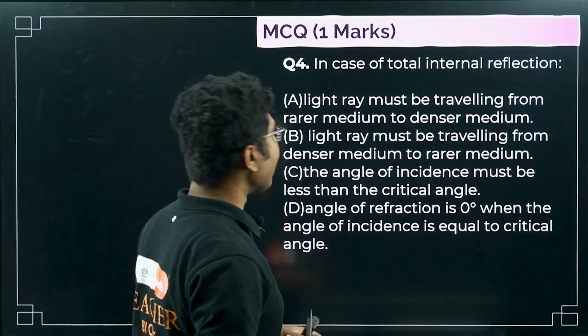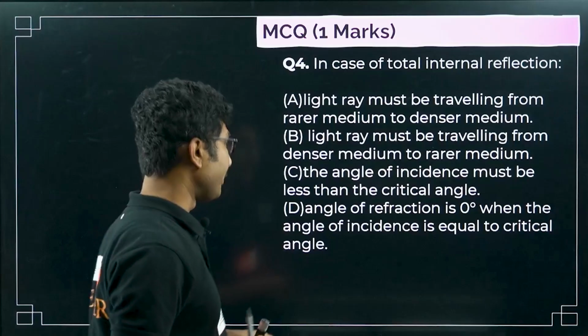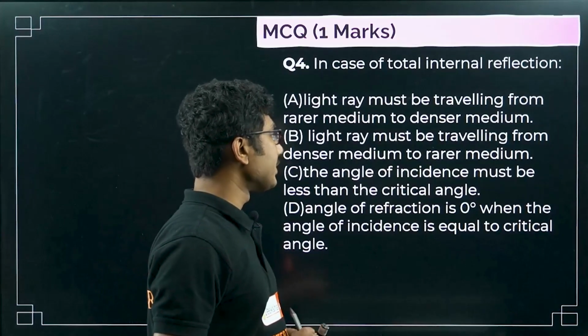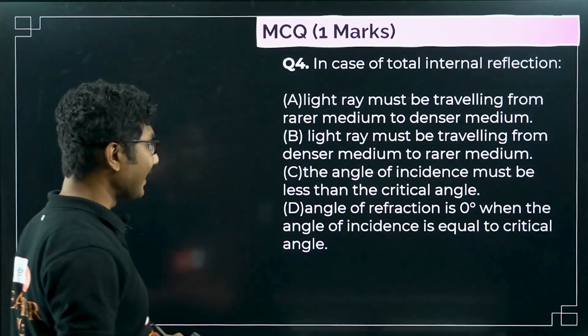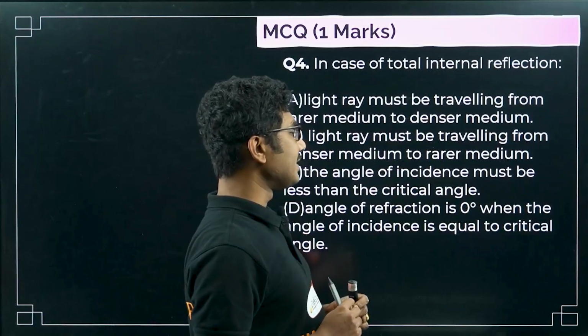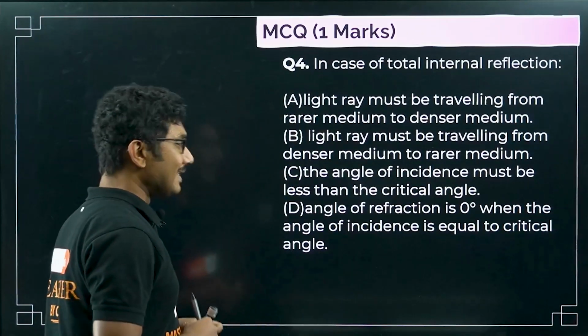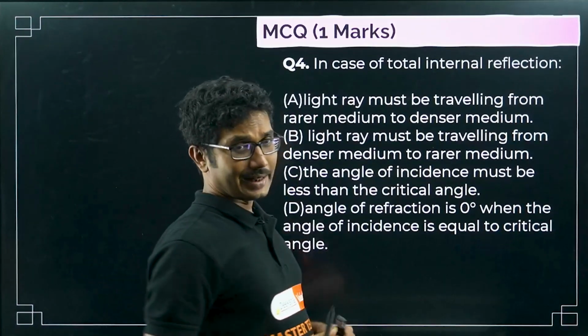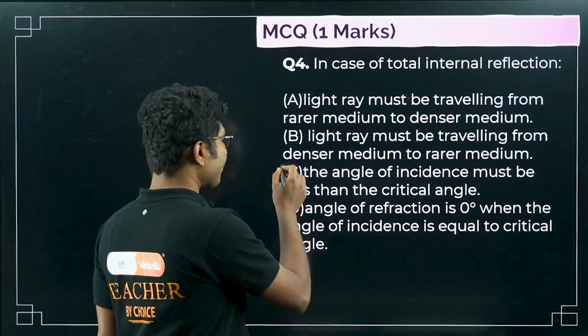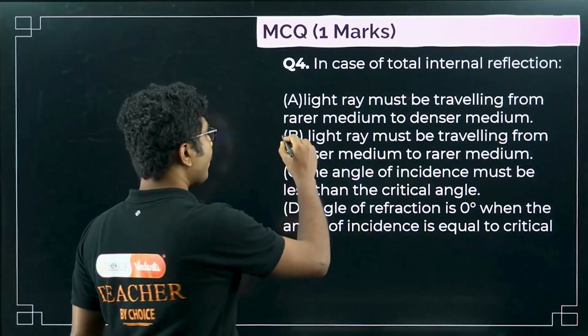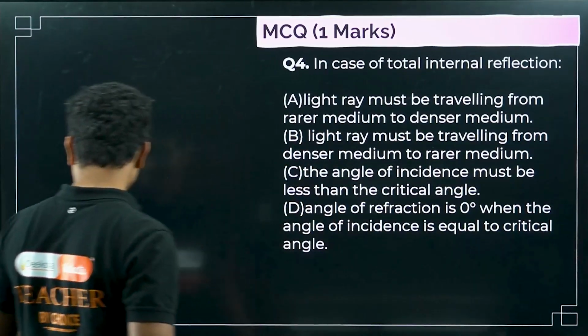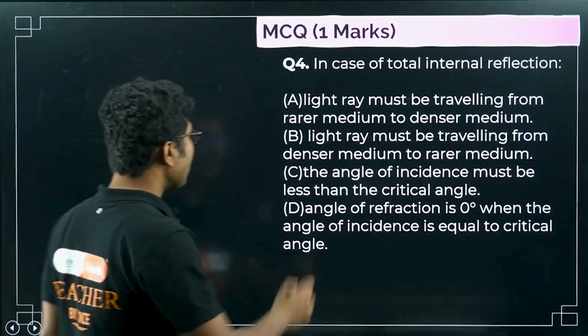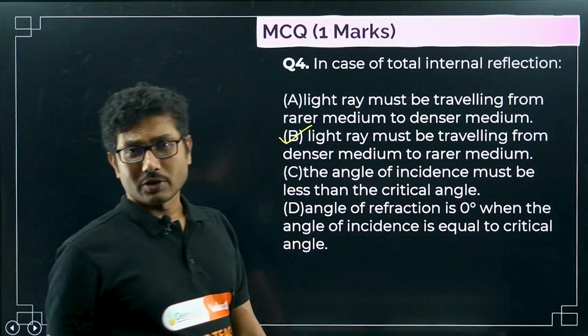Light ray must be traveling from denser medium to rarer medium. The angle of incidence must be less than that of critical angle. The angle of refraction is 0 degree when the angle of incidence is equal to the critical angle. So obviously these two options are incorrect in this case. Option B is the correct answer. So we know that we are only marking the correct answer, so the correct answer is this.